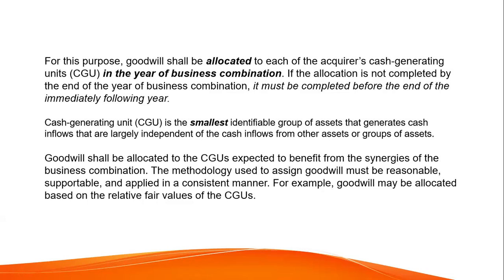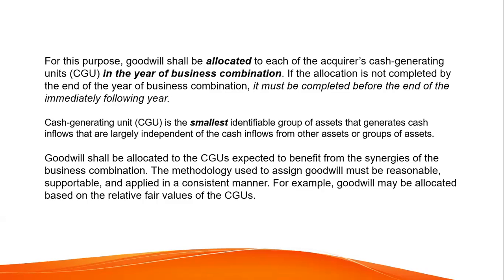Cash generating unit is the smallest identifiable group of assets that generates cash inflows that are largely independent of the cash inflows from other assets or groups of assets. Goodwill shall be allocated to the cash generating units expected to benefit from the synergies of the business combination.